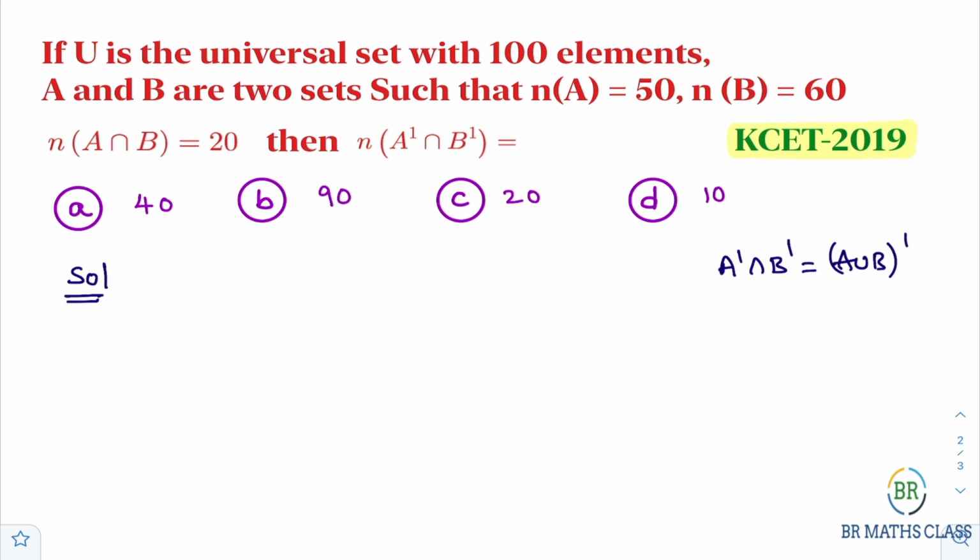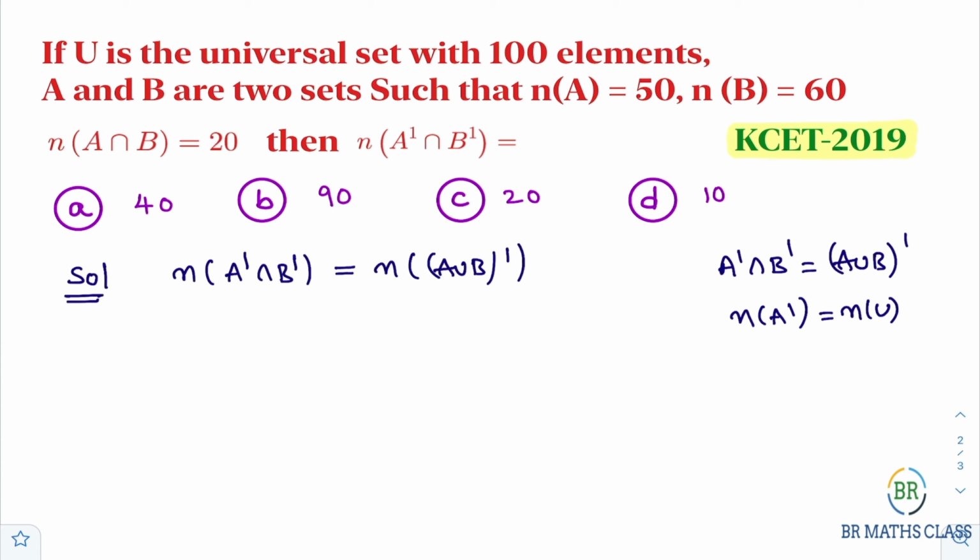Here they are asking n of A dash intersection B dash. In place of A dash intersection B dash, I can write (A union B) whole dash. Here you need to know one formula: n of A dash is n of universal set minus n of A. Here U is the universal set.